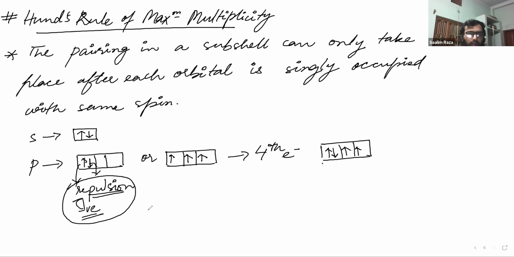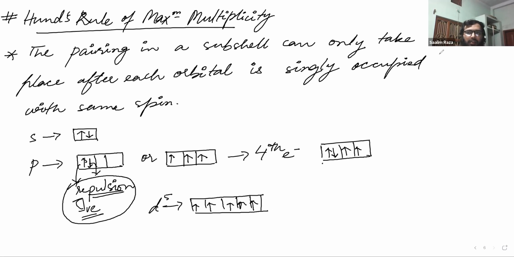Now what will happen in the d subshell? In the d subshell, you will have 1, 2, 3, 4, 5 orbitals. All these must be first singly filled. Hence, if you have a configuration of d5, all these will be singly filled.